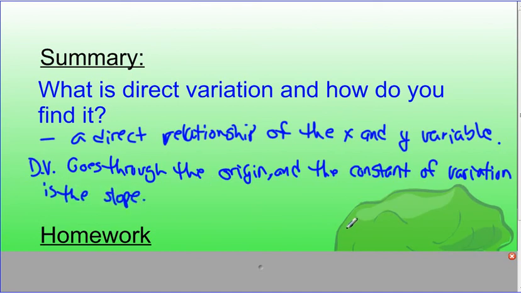That's really what we talked about for most of this lesson. We saw how every single problem here, if it was direct variation, it went through the origin, when the y-intercept is 0, and then the constant of variation was the slope of the line.